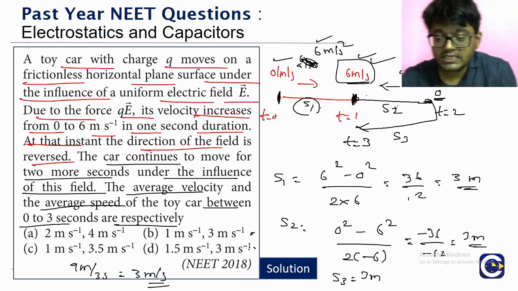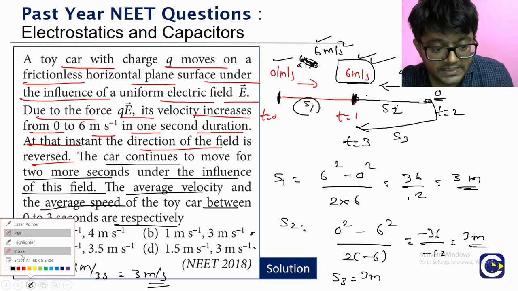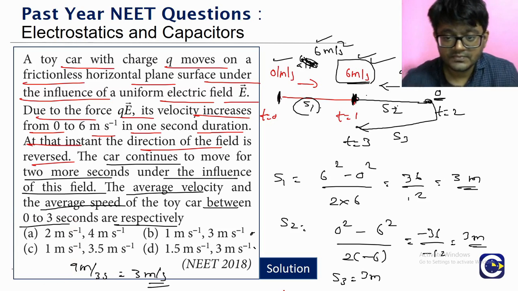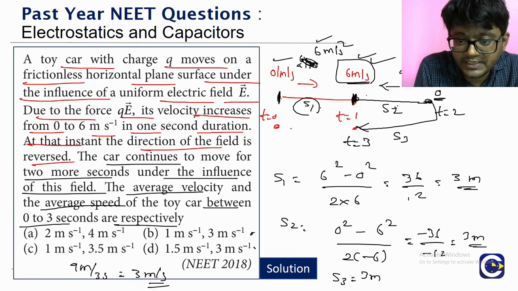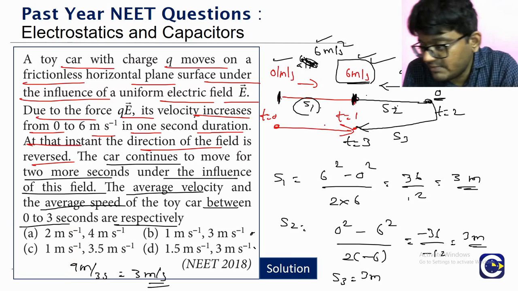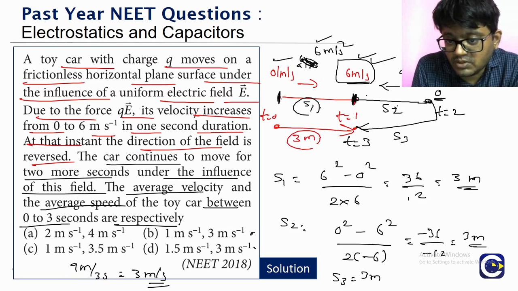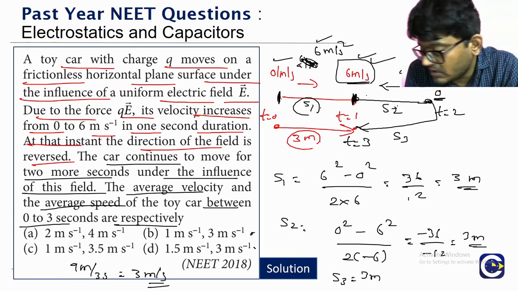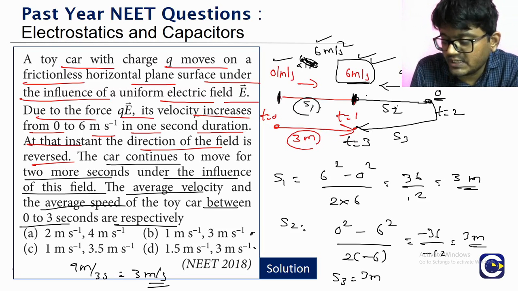Now we have to find the average velocity. Average velocity means we have to look at the displacement. So what is the displacement here? Initial point is here, and this is the final point, right? Displacement means the shortest line between the initial point and final point. This is nothing but equal to S1, right? Numerically this will be equal to S1, which means that total displacement of the journey is 3 meters.